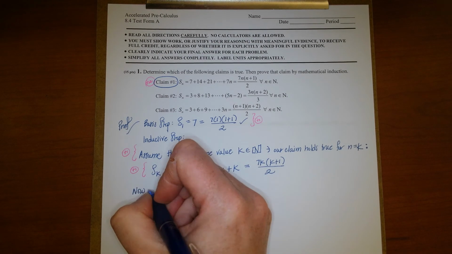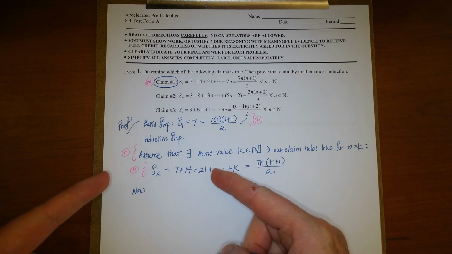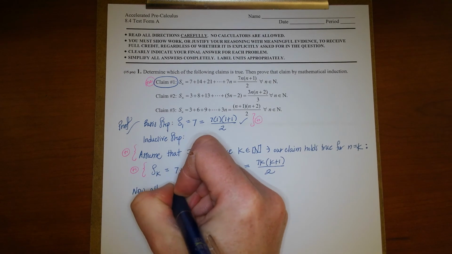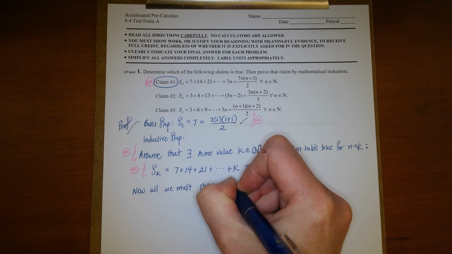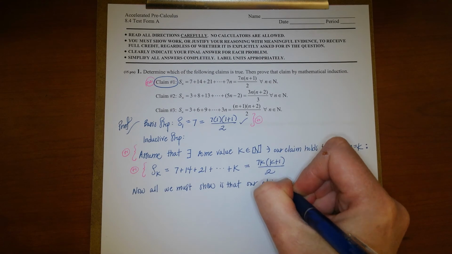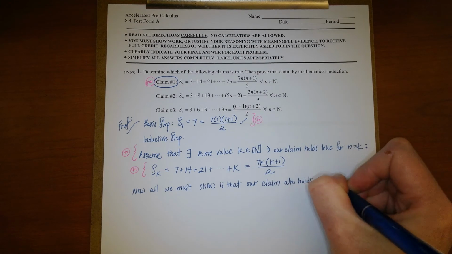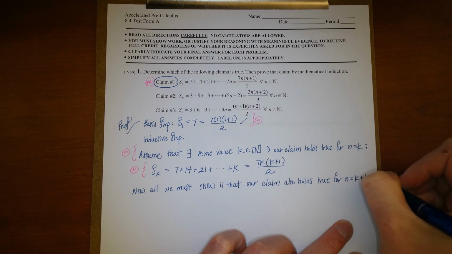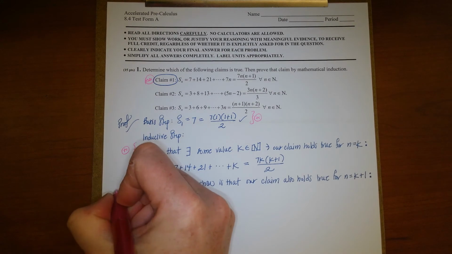Now we just need to move forward to creating that loop that if it works for n equal to k, then it would also work for k plus 1. So now, all we must show is that our claim also holds true for n equal to k plus 1. Okay, and 1 point for that line.